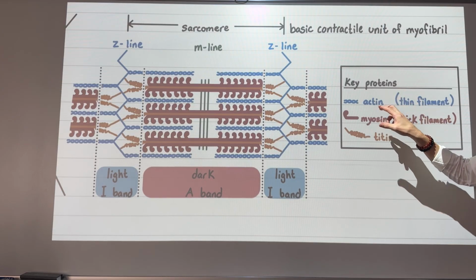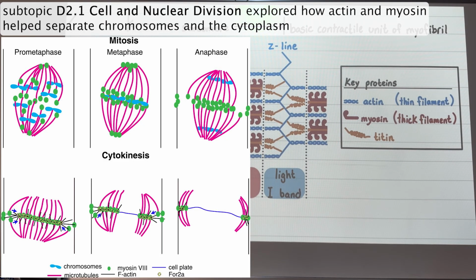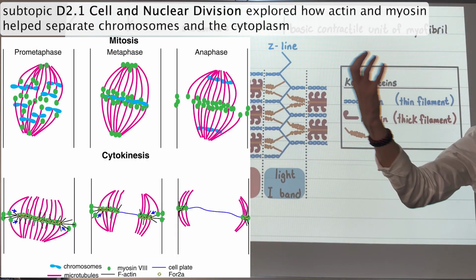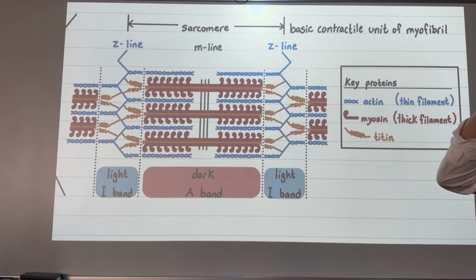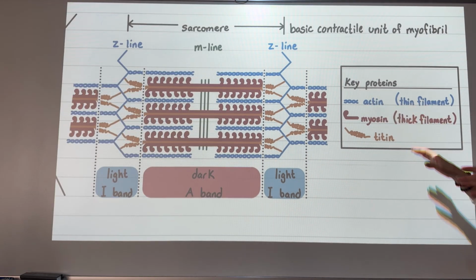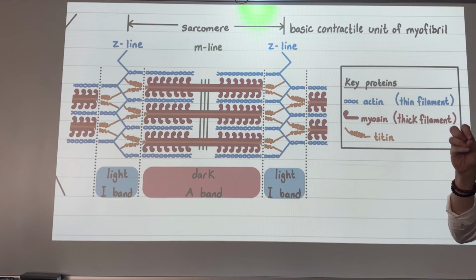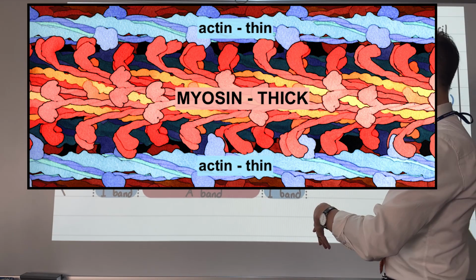We've already explored actin and myosin when we did mitosis and meiosis, and we said that these proteins were actually used in the contraction of the microfilaments in order to actually separate and organize chromosomes. Actin and myosin go by another colloquial name: this is the thin filament and this is the thick filament. And that's literally because one's a lot thinner than the other.